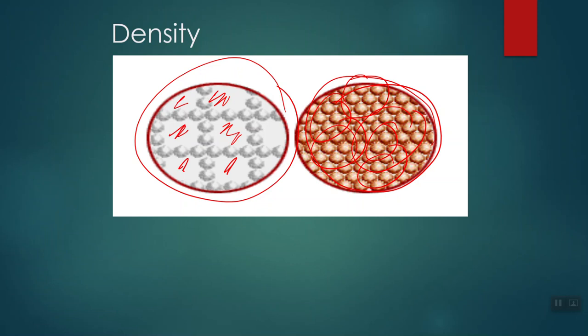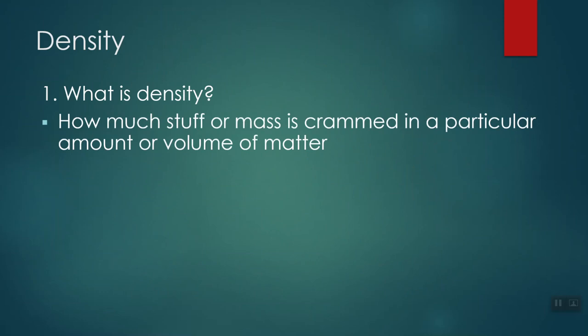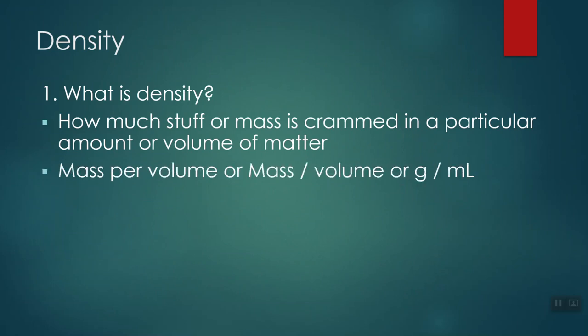So how much matter can exist in a space? That is its density. So what is density? How much stuff or mass is crammed in a particular amount or volume of matter?